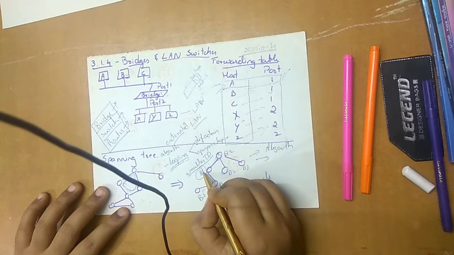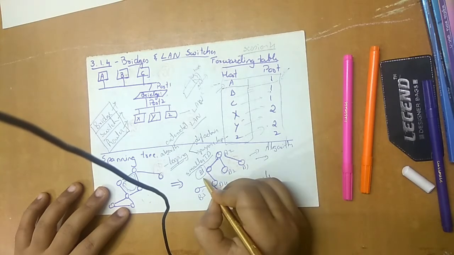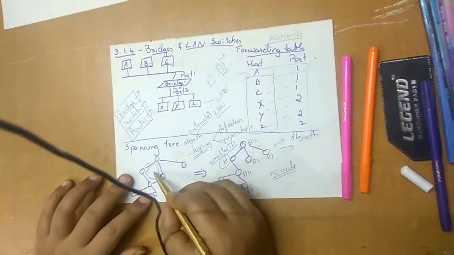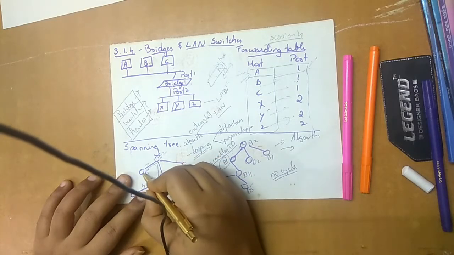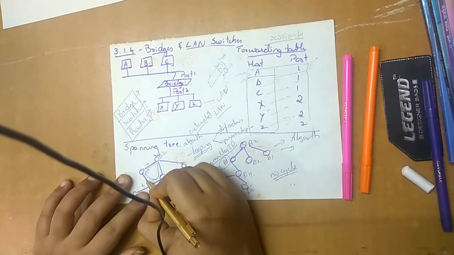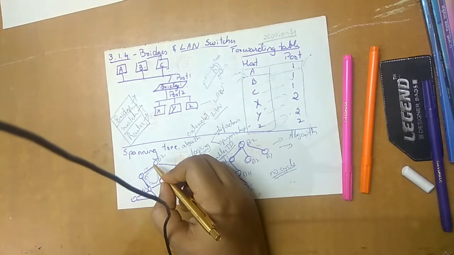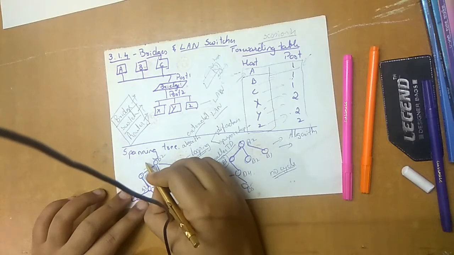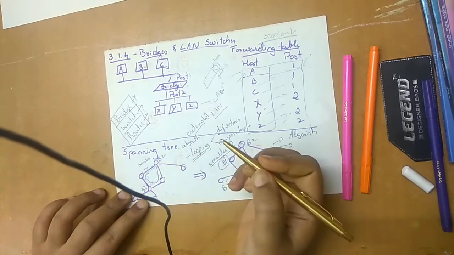Then how will it construct our next path? It will check which is near to that one. So it will check with B2 and B3, which is smaller. Whichever is smaller, it will go to that one. But if both are at the same distance, again with the smaller ID it will select the next path.